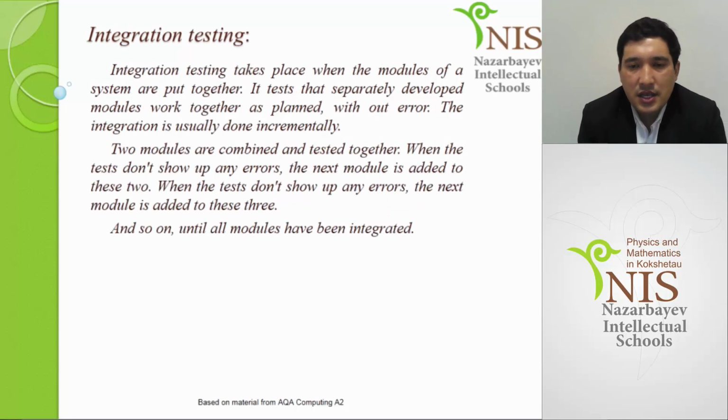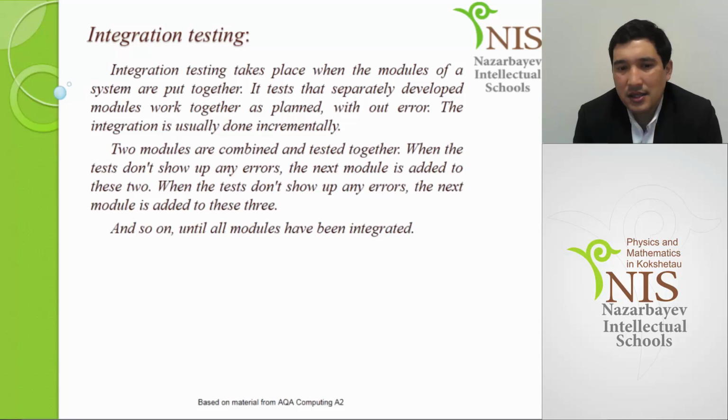Integration testing. Integration testing takes place when the modules of a system are put together. It tests that separately developed modules work together as planned without errors. The integration is usually done incrementally. Two modules are combined and tested together.